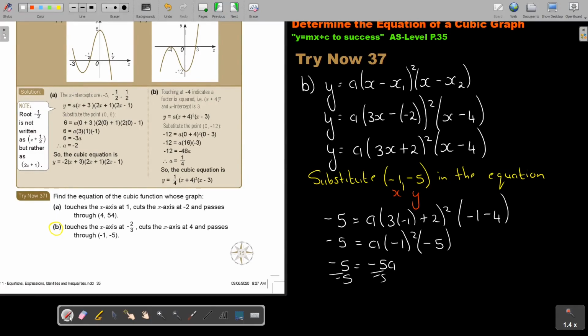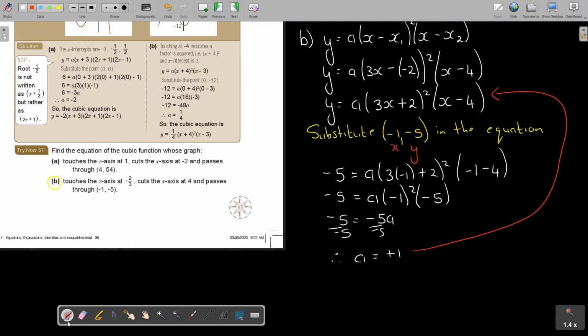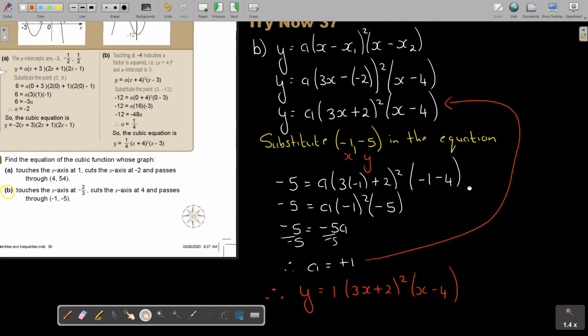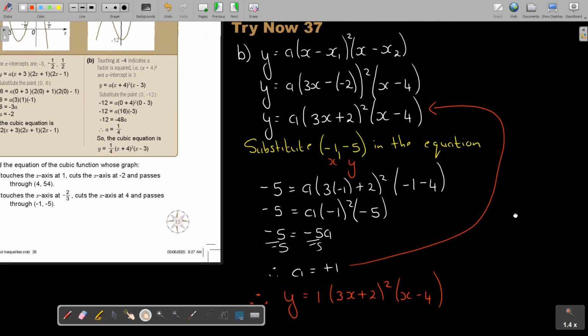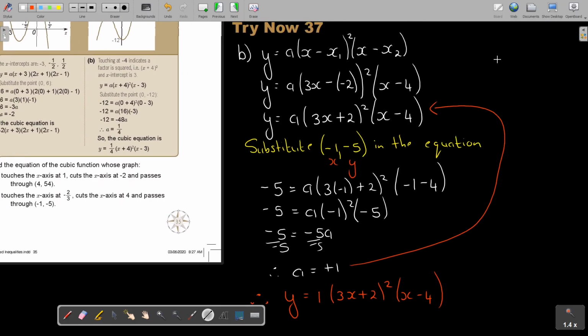Therefore, a is +1. And don't forget that you're going to substitute it there. So if I bring it a little bit up, making it red, therefore y is equal to (3x plus 2) squared (x minus 4). I just want to show you, and I think it's also in the teacher's guide like that, say somebody was leaving it as a fraction.